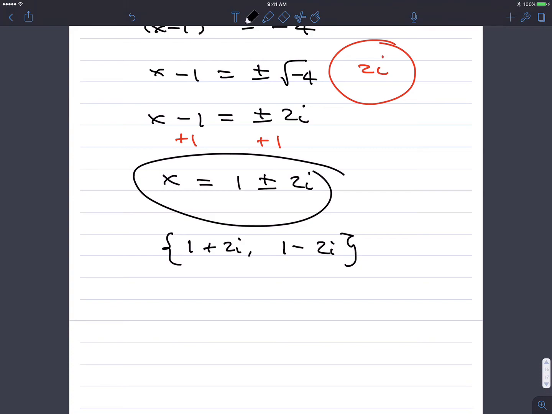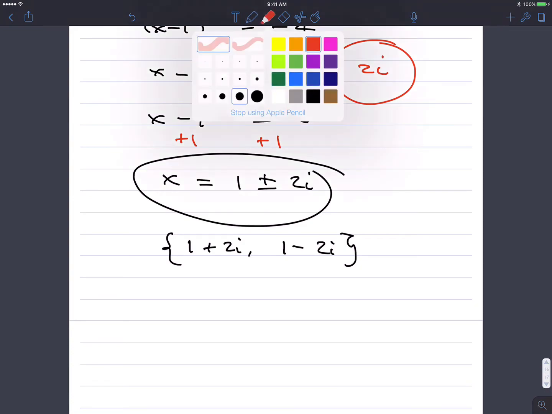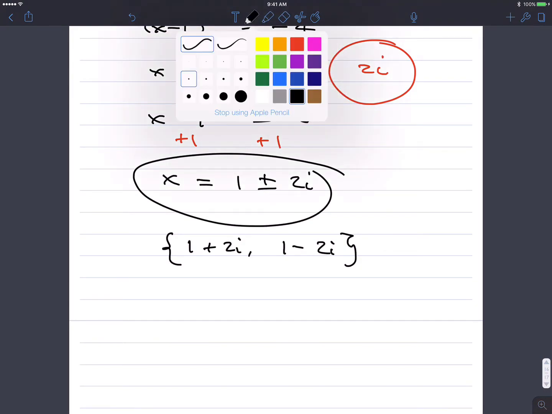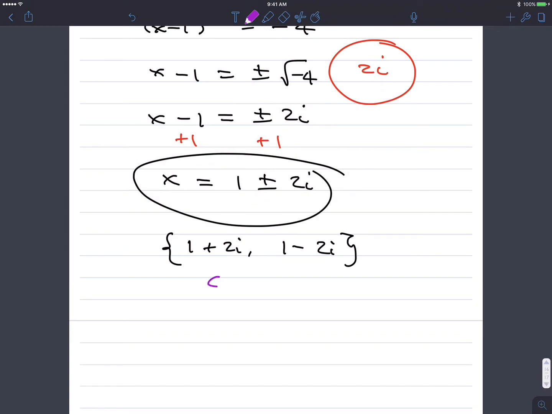So you notice here, I want to point out too, these are complex solutions. And complex solutions are non-real numbers. These are complex numbers.